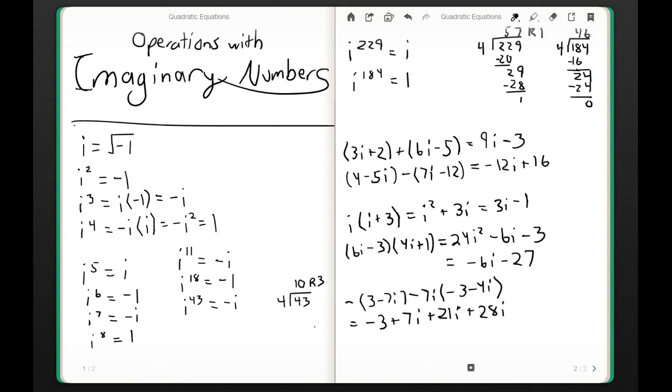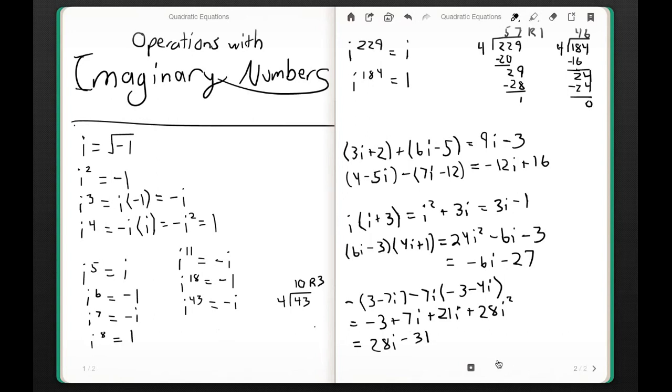You had a lot of double negatives, so everything here turned positive. Sorry, this should be 28i squared. Okay. So 28i squared is going to be negative 28 because of the i squared turning to negative 1. So we have 7i plus 21i is 28i, and then negative 3 plus negative 28 will be minus 31.